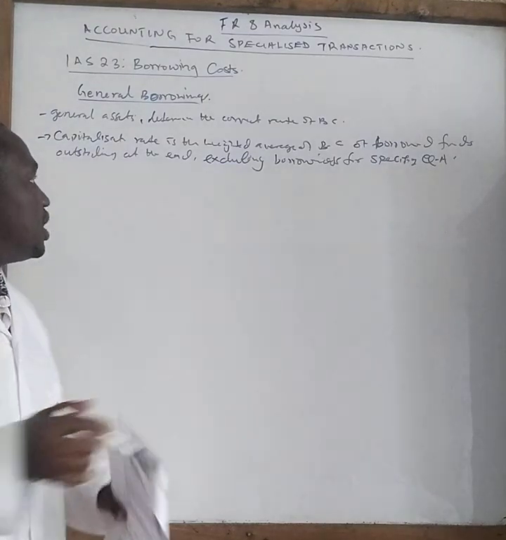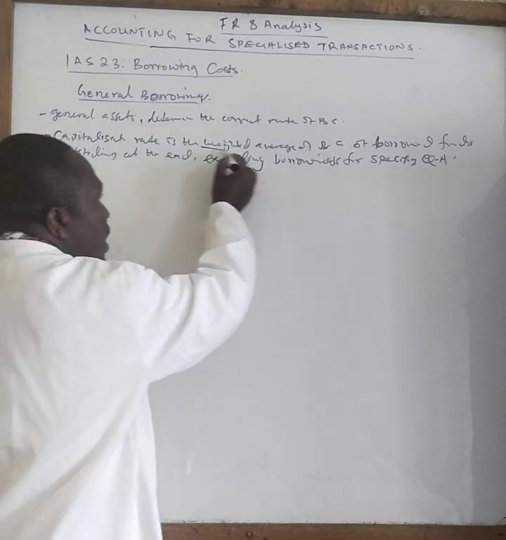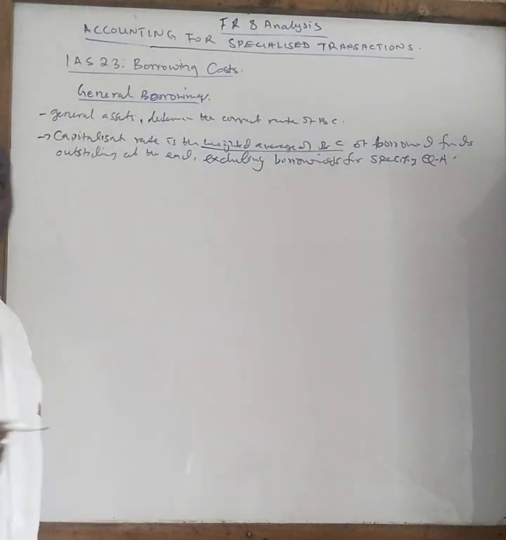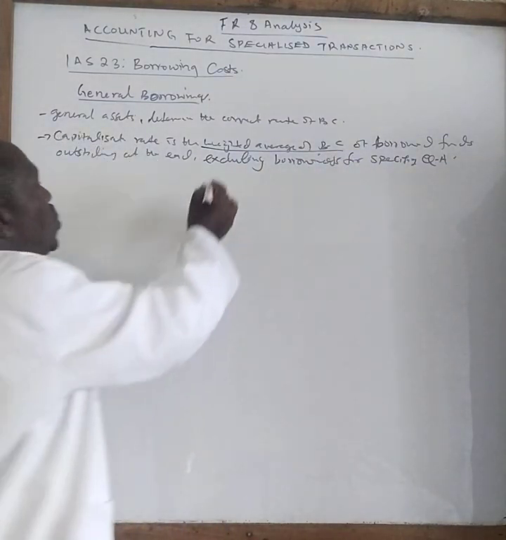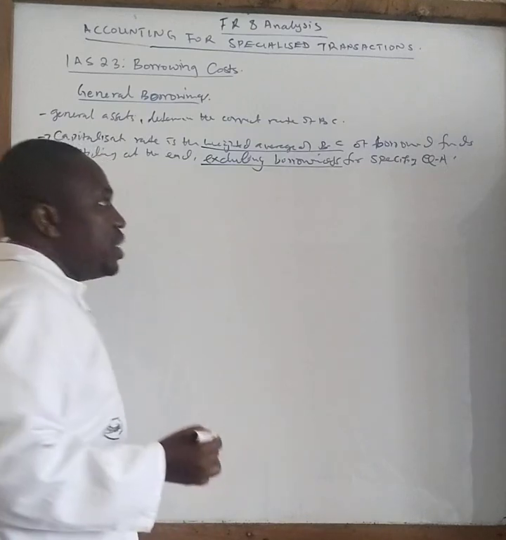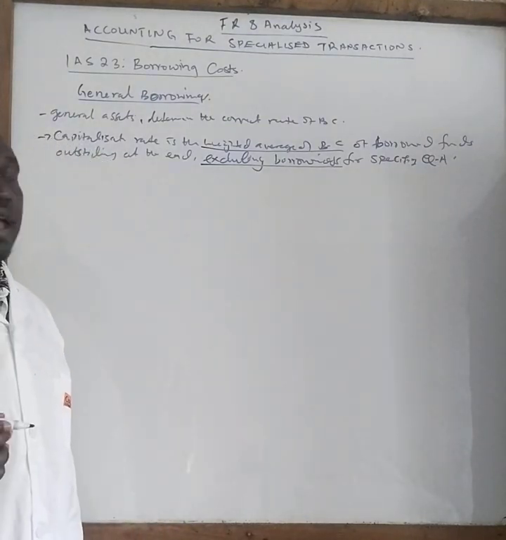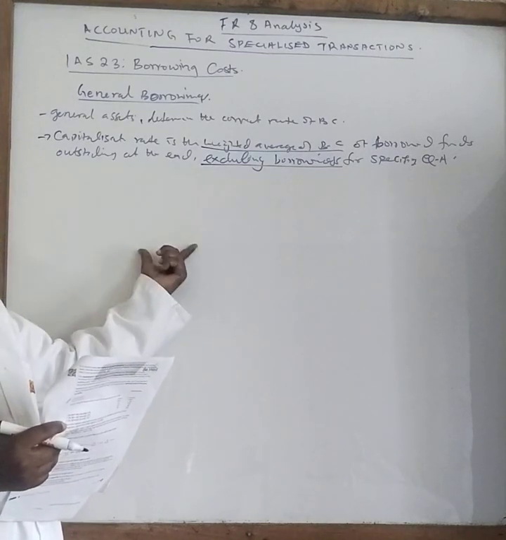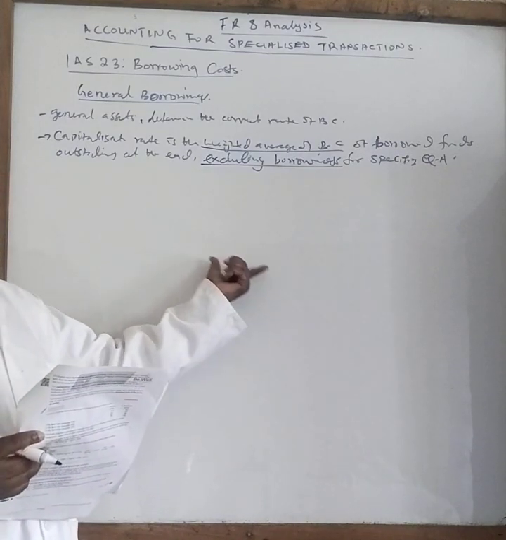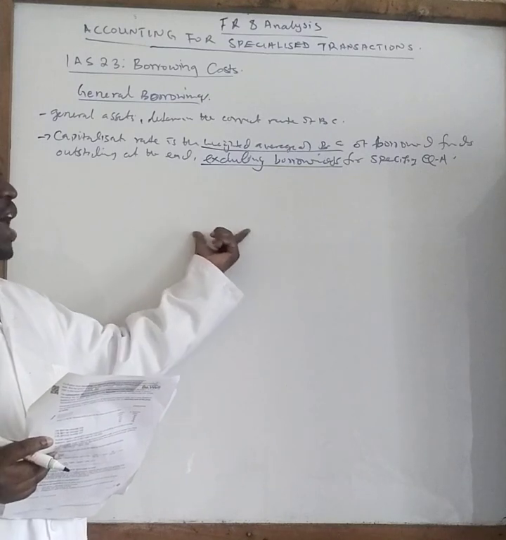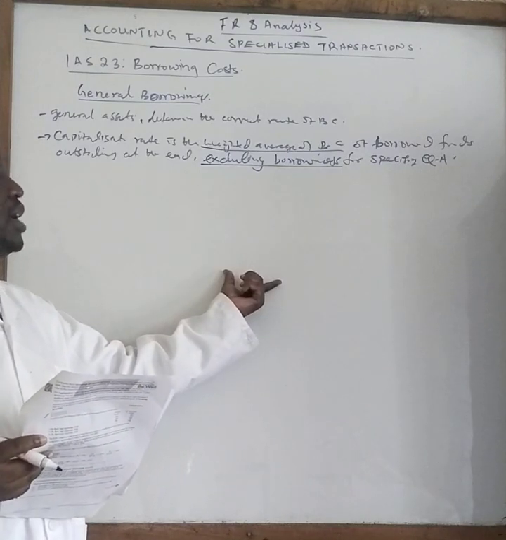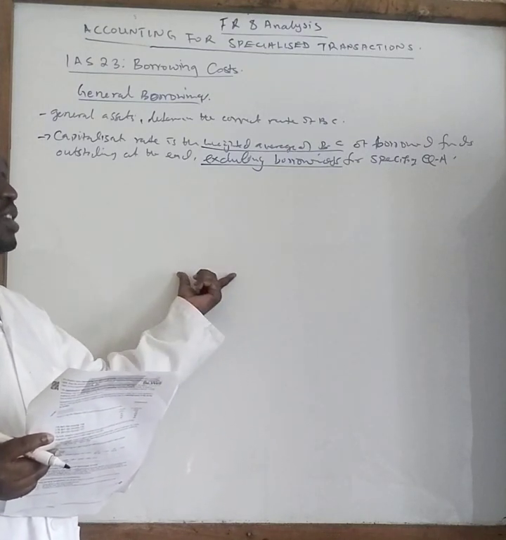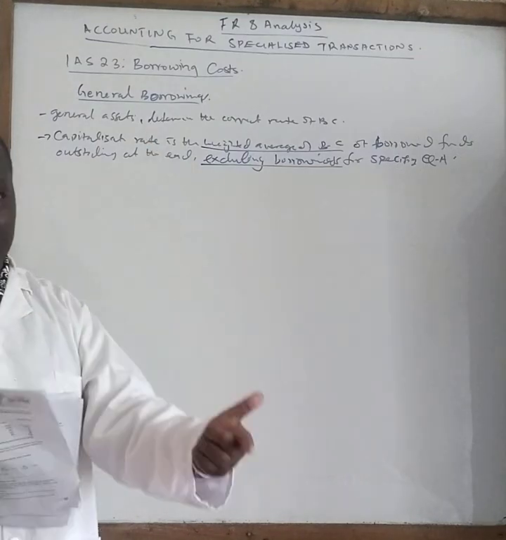What is capitalization rate? Capitalization rate is the weighted average of borrowing cost of the borrowed funds, excluding borrowings for specific qualifying asset. That means that we shall have several sources or several debt instruments that have been applied by the entity, correct? Then these debt instruments have different rates of interest.